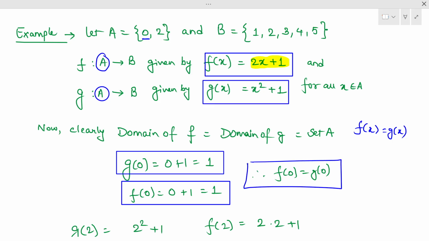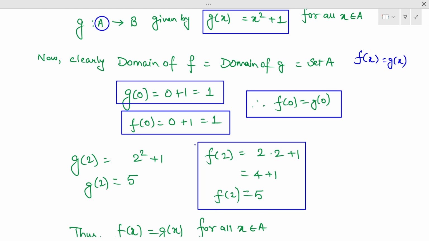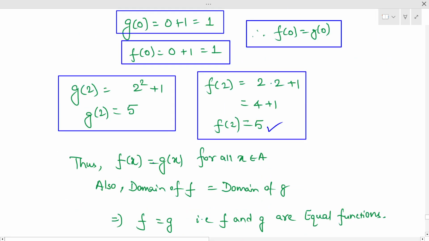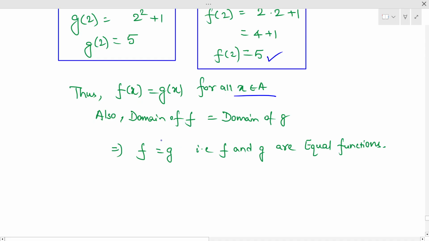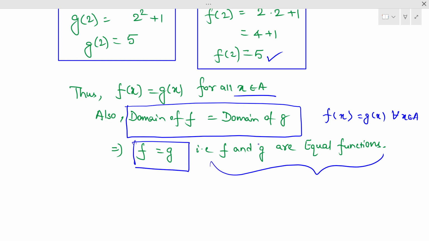So f(0) is the same as g(0). Similarly for f(2), 2 times 2 plus 1, that will be 4 plus 1, 5. Similarly for g(2), 2² + 1, so 5. So from here f(x) equals g(x) for all x in A. Therefore the two conditions are satisfied. The first was the domain should be the same. Second thing is f(x) is equal to g(x) for all x in A. So from here we can say that f and g are equal functions, correct?